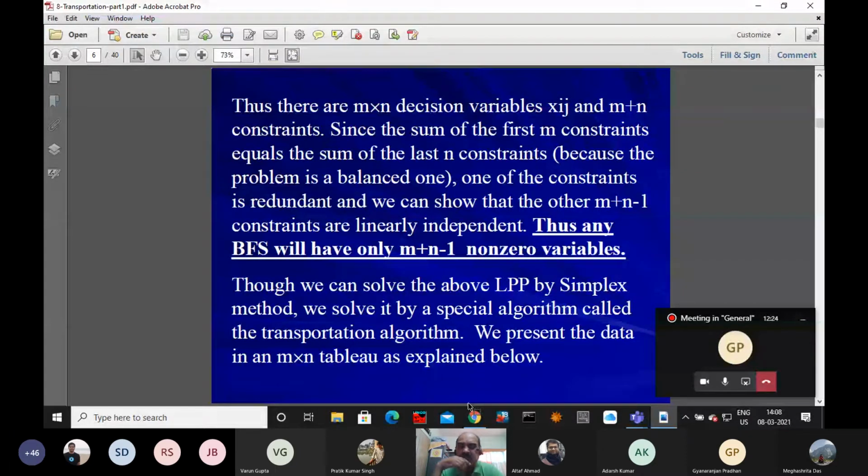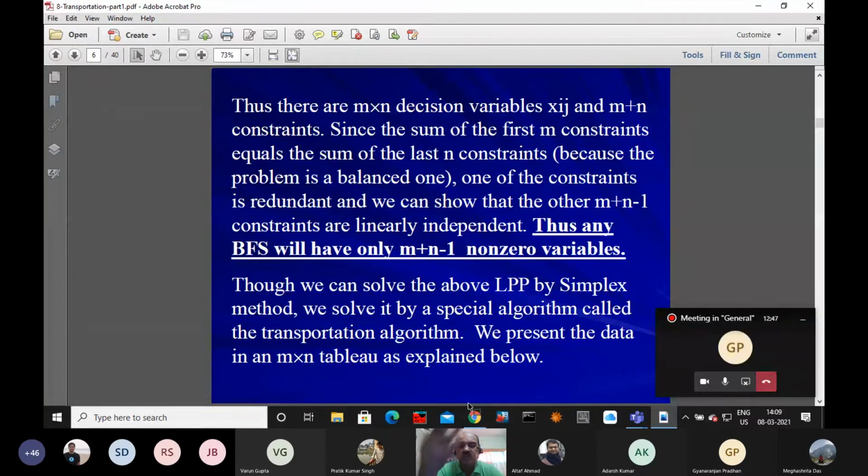Thus, any basic feasible solution will have only m plus n minus 1 non-zero variables.